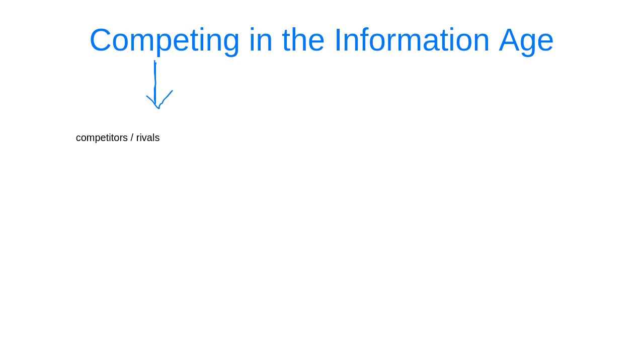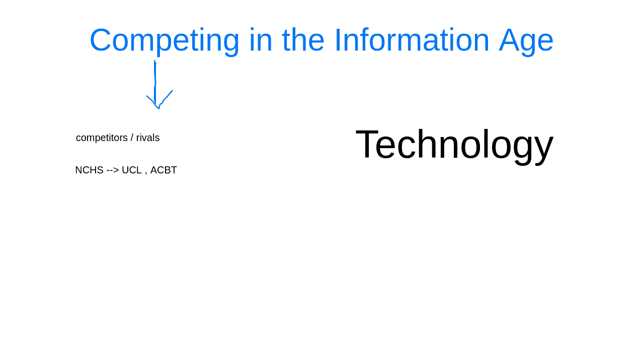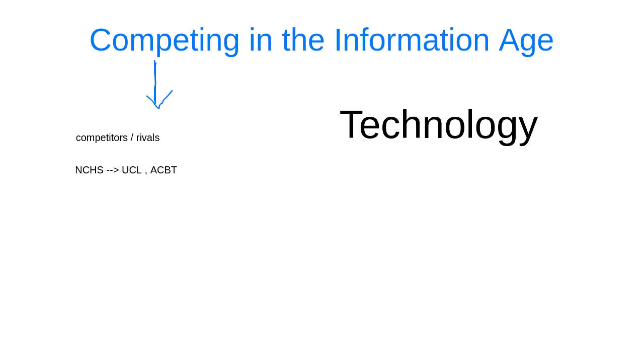When it comes to competition in the modern world, there's an inevitable word, a word we cannot forget. That is technology. Companies use technology to enhance their businesses. For example, Navaloka College has a website. Please go to the nchs.lk website and see.